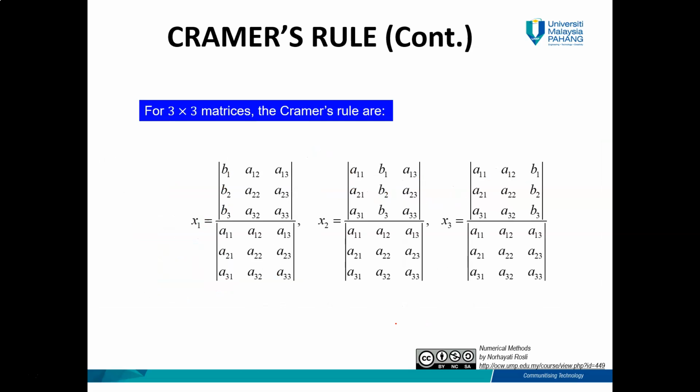And then class, how can we find the unknown by using Cramer's rule? Remember, Cramer's rule is xn equal to dn over d.